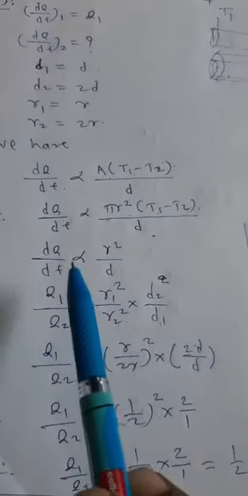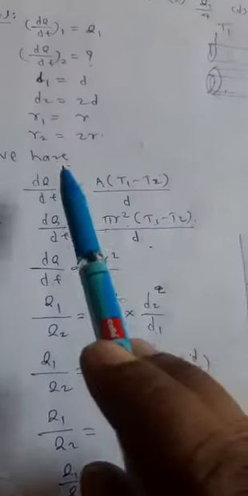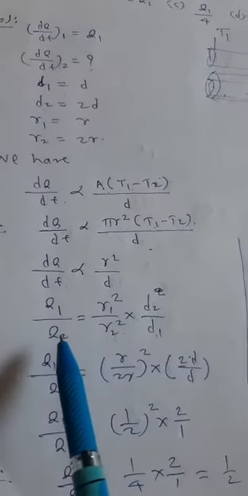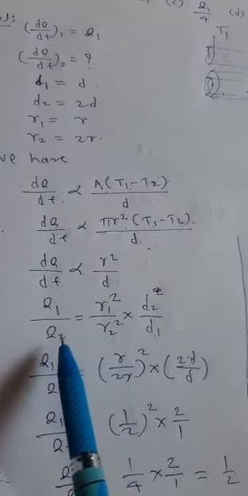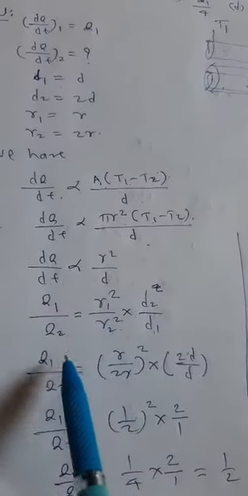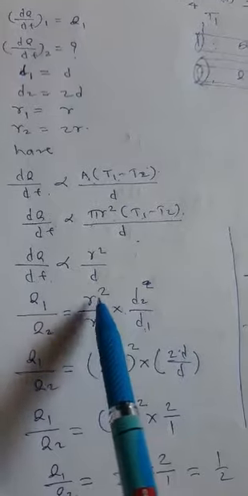The value of dQ by dt in the first case is Q1, and in the second case it is Q2. Therefore, Q1 divided by Q2 is equal to (R divided by 2R) square into (2D divided by D).